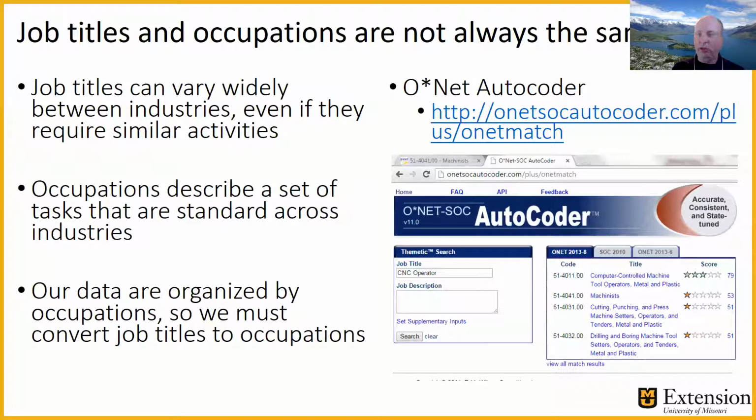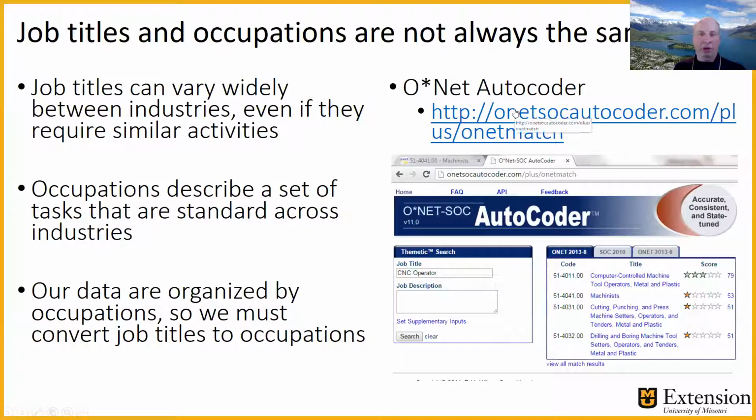This is one of those things of understanding how to look up information. Job titles tend to vary wildly between industries, even if they have similar sets of activities, and we use occupations to classify those things. But oftentimes people describe an actual job as opposed to an occupation.